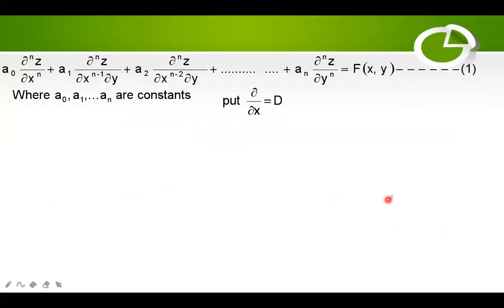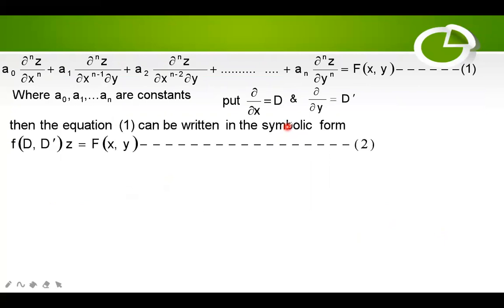So equation 1 is f of D, D dash of z equal to capital F of x comma y.